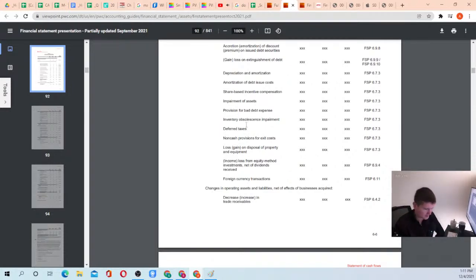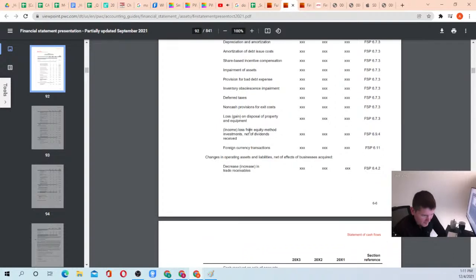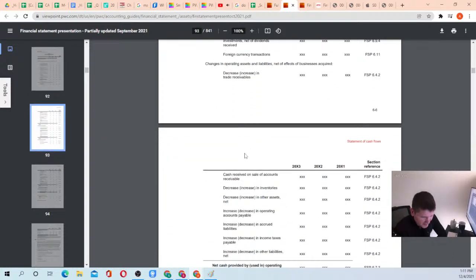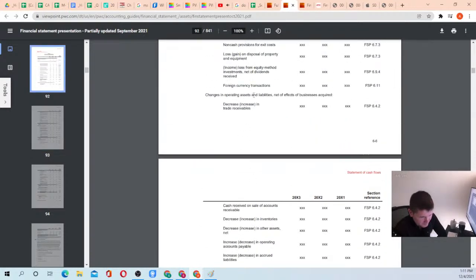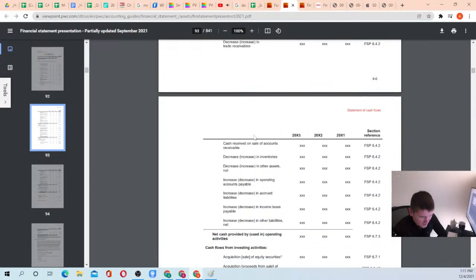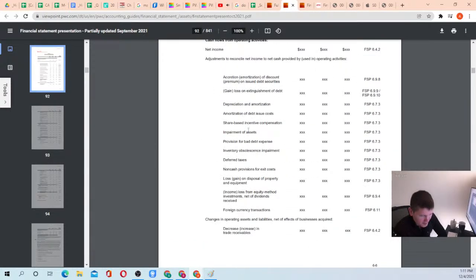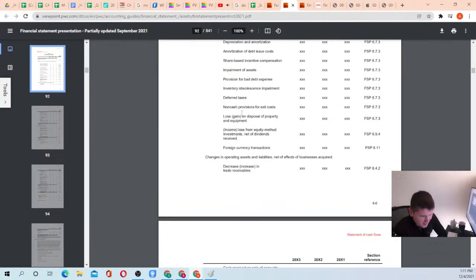So I do not see that interest accrual, and I wonder if I should adjust for it in operating assets and liabilities, or if I should call it just some non-cash item.